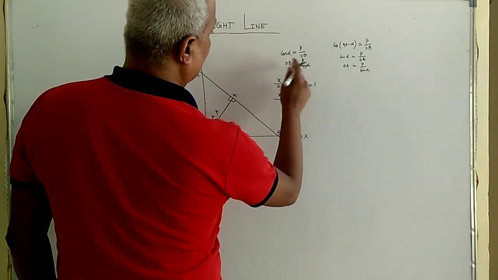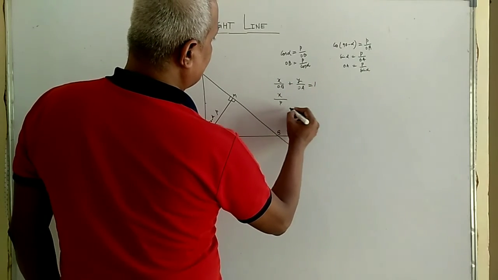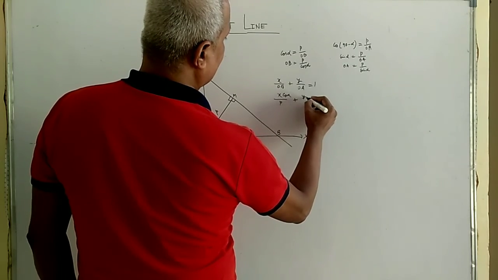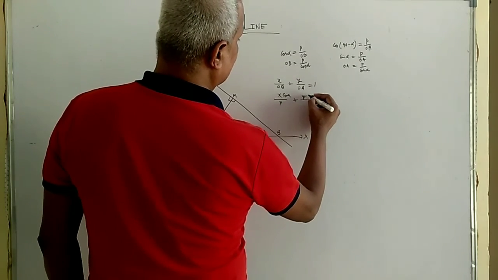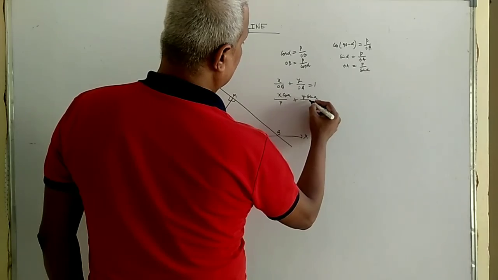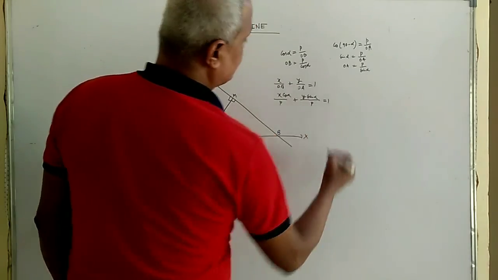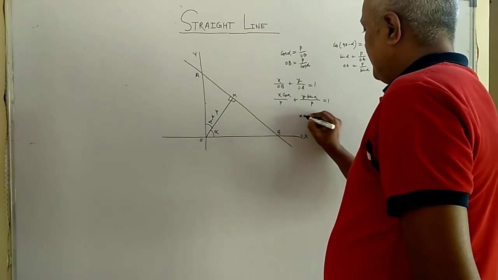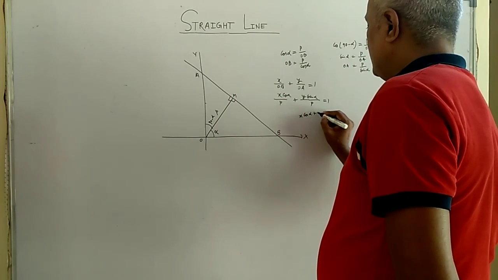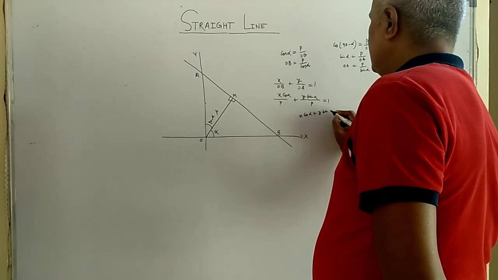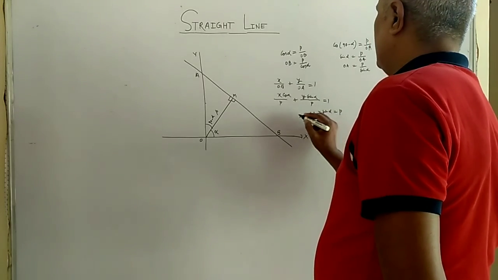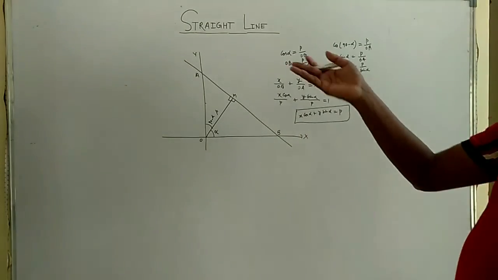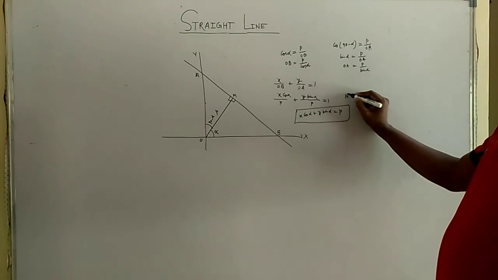So x over OB, that is P upon cos alpha, so cos alpha will come up, plus y upon OA, P upon sin alpha, so sin alpha will come up upon P, and this is 1. So what do we get? We get x cos alpha plus y sin alpha equal to P. So simple. This is the idea. This is called the normal form.